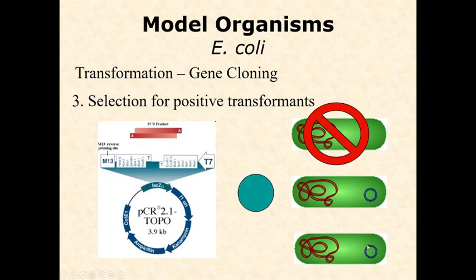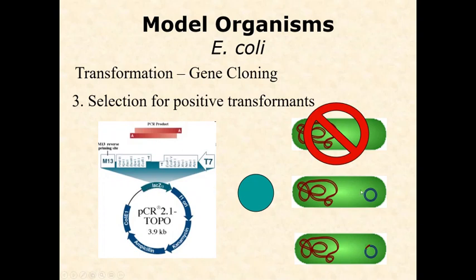And so the second step involves a screening process. And for this screening process, we take advantage of this sugar-expressing gene and the fact that the insert site for our piece of DNA is right in the middle of this sugar-expressing gene. So if we do not insert the DNA, we have a complete sugar-expressing gene.